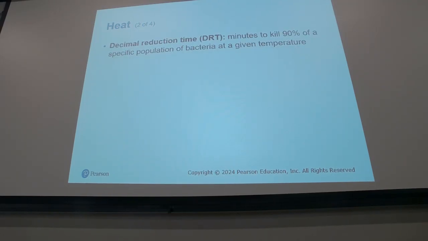Now we have decimal reduction time, which it is the number of minutes that takes to kill 90% of a specific population at a given temperature. So what you saw before in that graph is DRT, decimal reduction time.